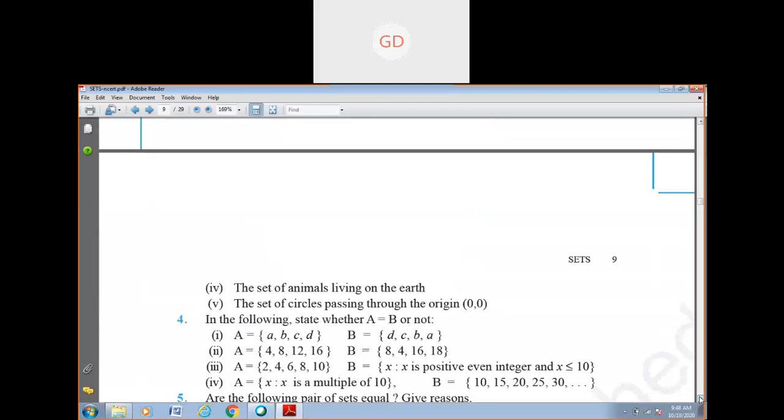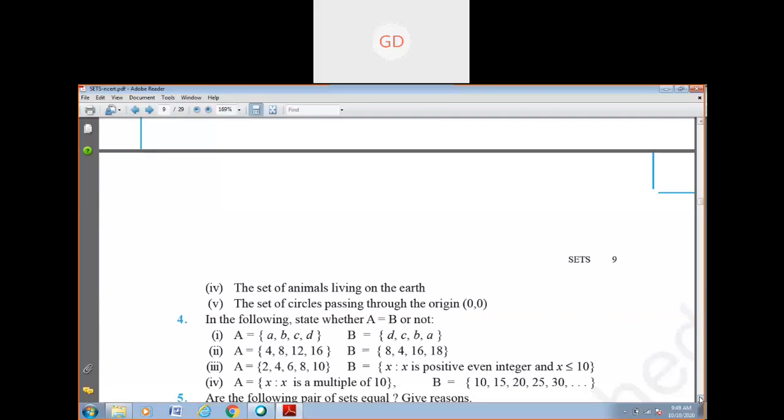We humans might or might not be able to count exactly what number of animals are living on this planet. It doesn't mean it is infinite. We can count or we can't count, doesn't matter.